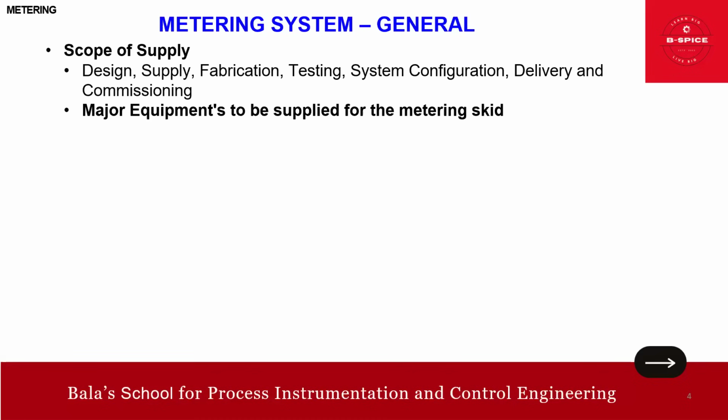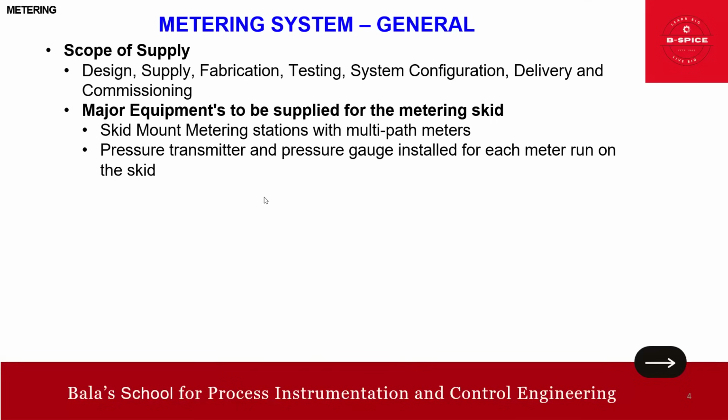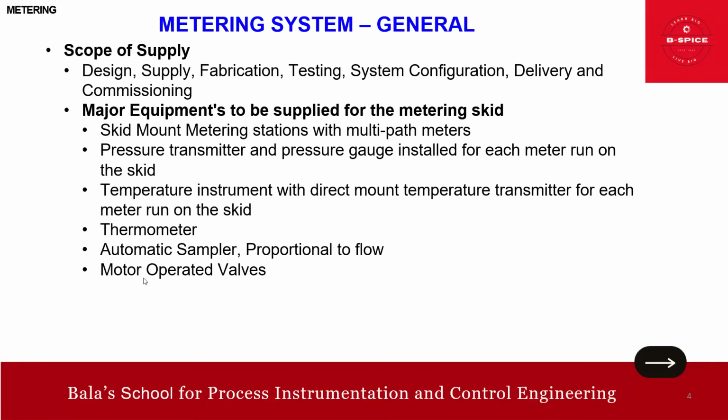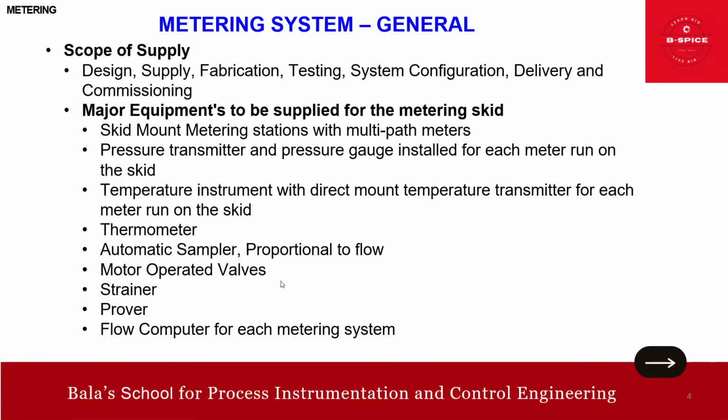Major equipment to be supplied: a skid mounted metering station with multipath meter, pressure transmitter and pressure gauge installed for each meter run on the skid, and temperature instrument with direct mount temperature transmitter for each meter run on the skid, thermometer, automatic sampler proportional to the flow, motor operated valves (MOV), strainer, prover, flow computer for each metering system, and of course the testing and calibration equipment. All these you need to list out when you prepare the design and specification.